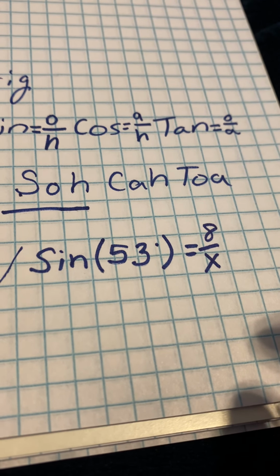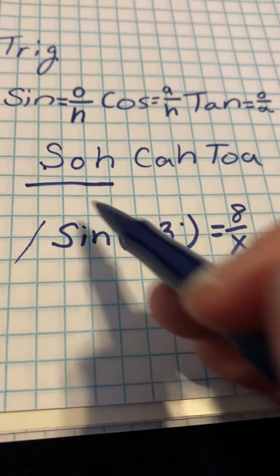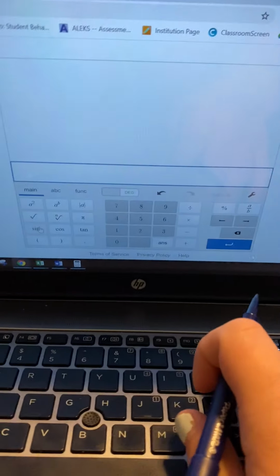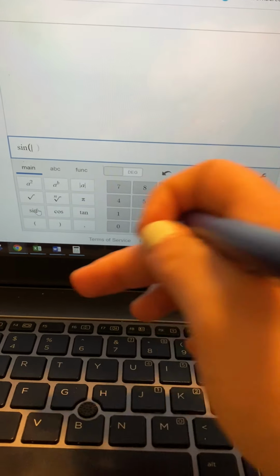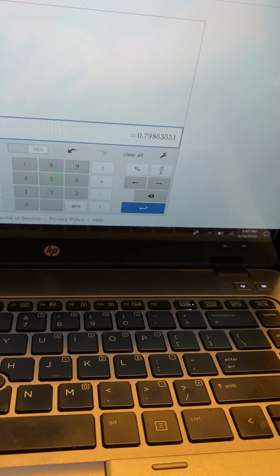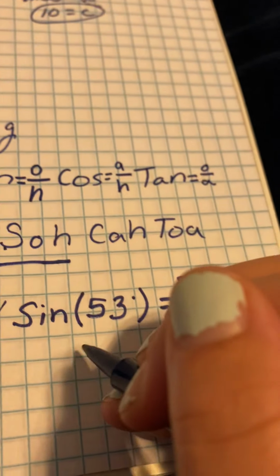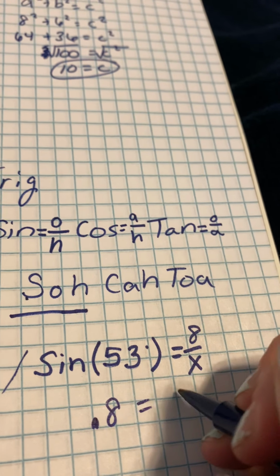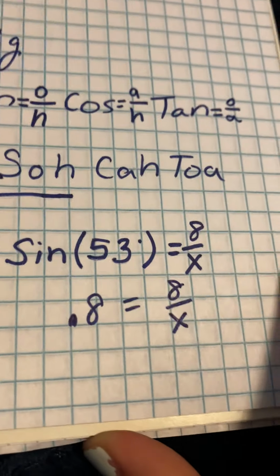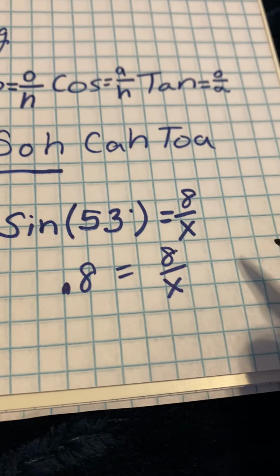Now we can solve. If we put sine 53 in our calculator, we get 0.7986. So I'm going to say 0.8. So 0.8 is equal to 8 over x. Now we're going to continue solving for x.